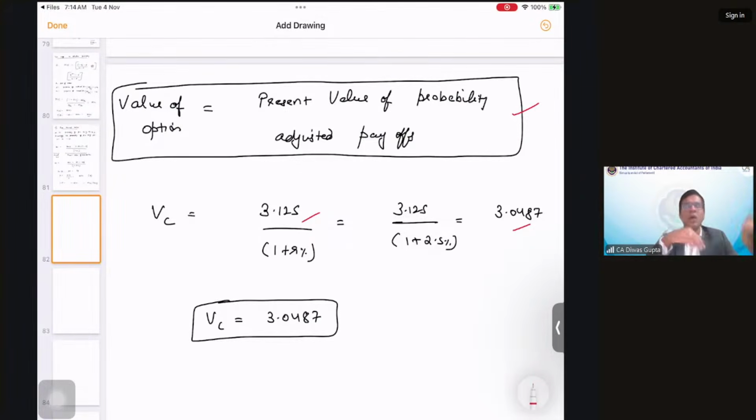One, it might go up, it might go down. Now, in both the cases, we have to find out the probability, and accordingly, we will have to calculate the weighted adjusted payoffs in each case. Okay. And that amount we are going to then take a present value of, to arrive at today's value of the option.